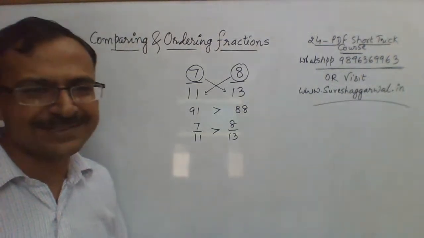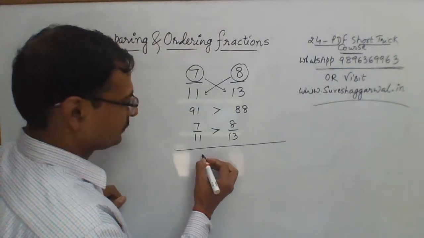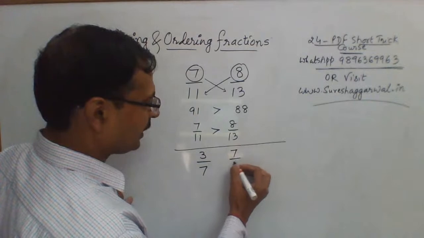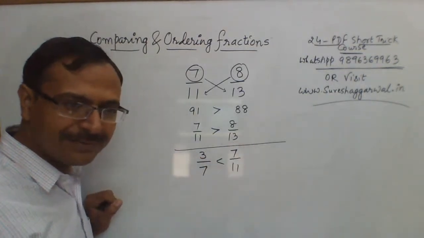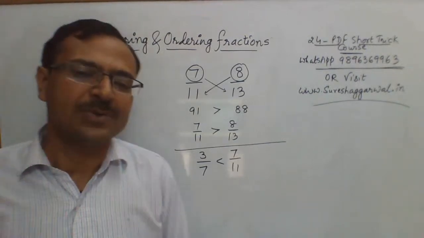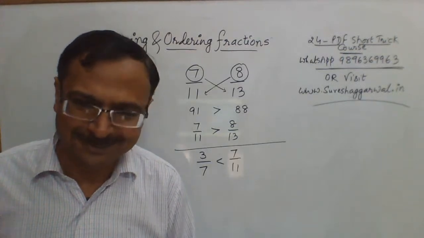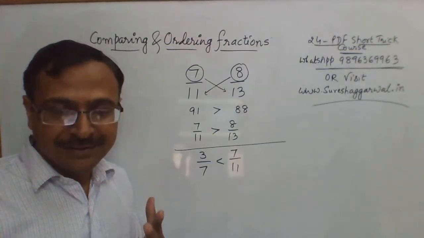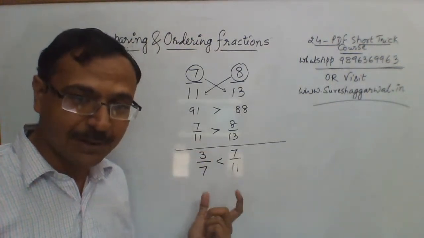Let's take two more fractions. Suppose we have 3 upon 7 and 7 upon 11. See, this is 33, this is 49, so 7 upon 11 is greater. So how much time do you think you will take to find the greater fraction now? See, I didn't even allow you time to post your answers now.